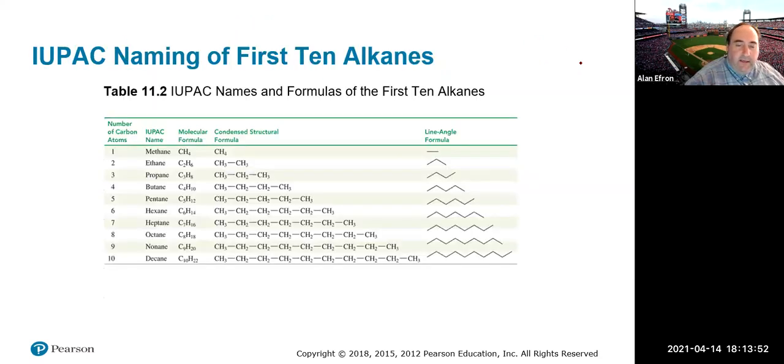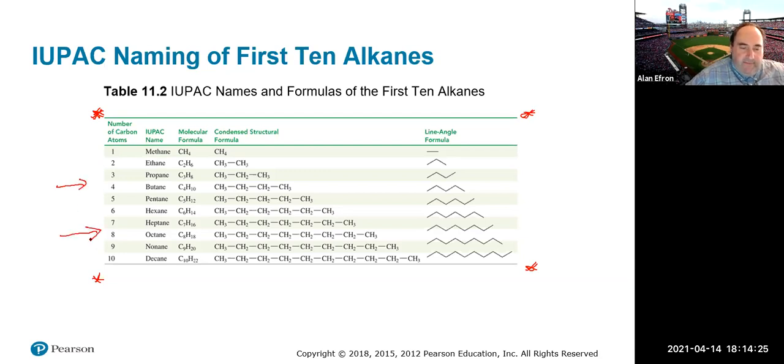Let's take a look here at the first 10 alkanes. This table, these names are so important here. You want to make sure that you get these names down. The reason why these first 10 names, formulas, and everything are extremely important is because pretty much every other organic molecule that we will name along the way, they all come back pretty much to these first 10 names.